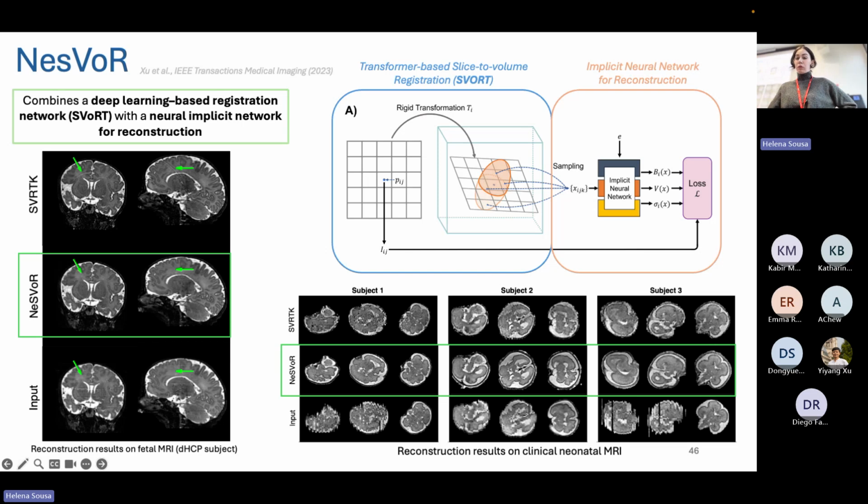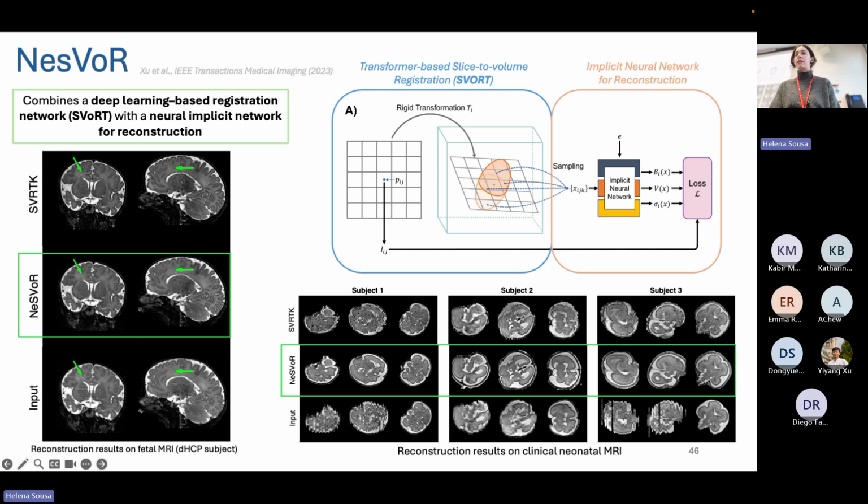So overall, this whole architecture works as a first step. They train this transformer model to learn how to register our 2D slices in multiple stacks to a 3D template. And once this is optimized, we then learn how to reconstruct our 3D volume by using this implicit neural network.